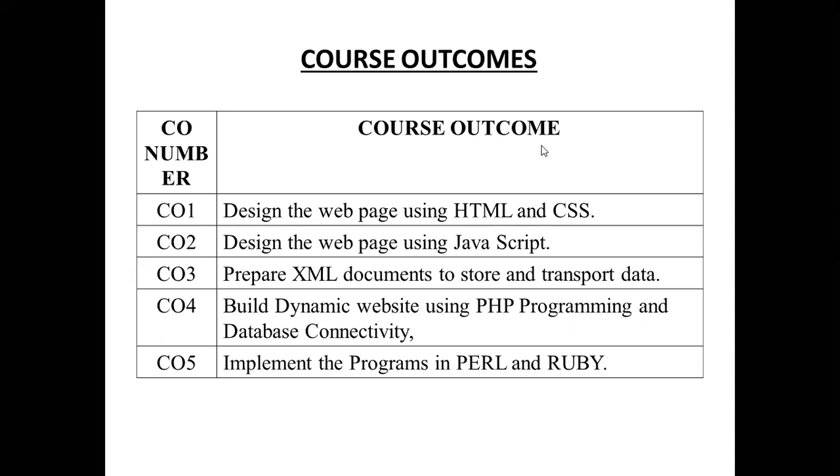CO3 is to prepare XML documents to store and transport data. CO4 is to build a dynamic website using PHP programming and database connectivity, and implement programs in Perl and Ruby. Perl and Ruby are scripting languages. So this is the syllabus.